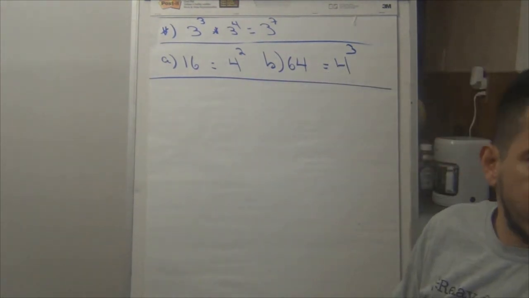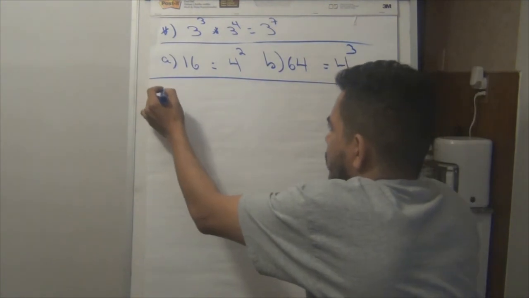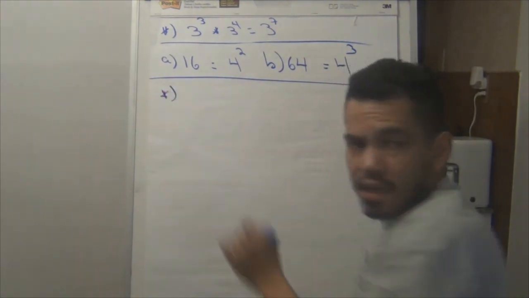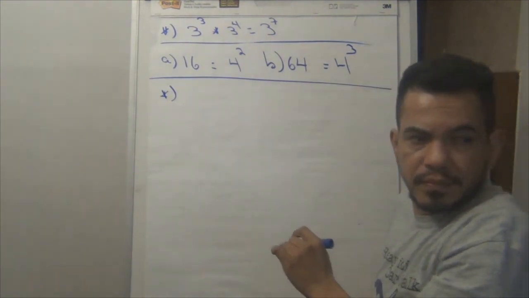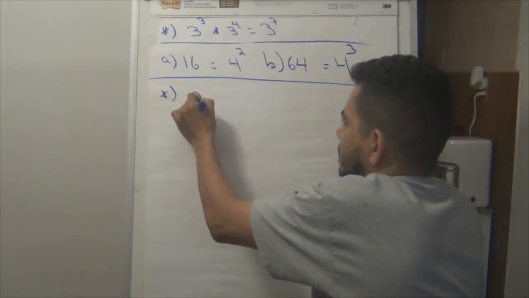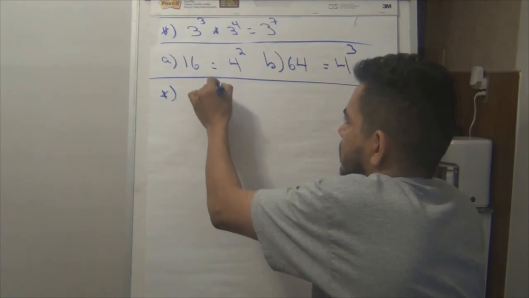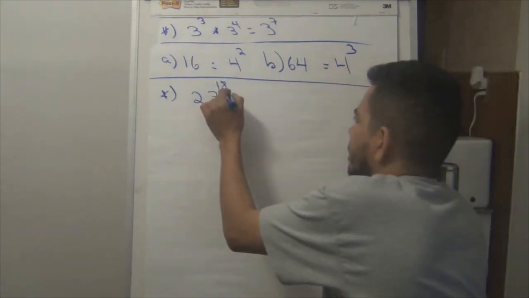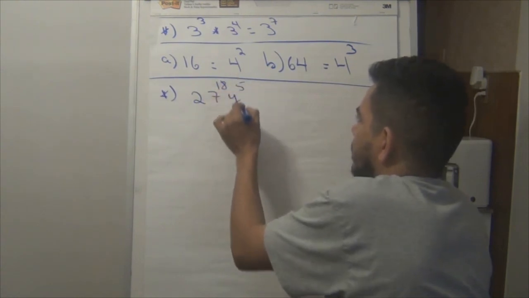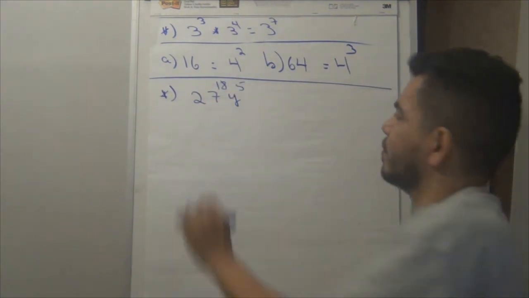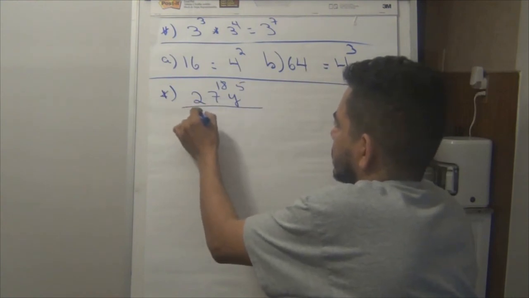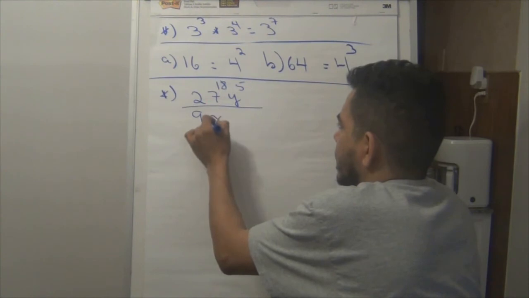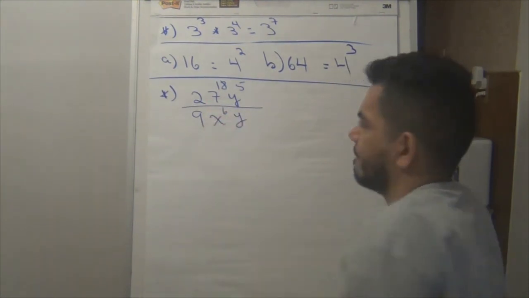Alright, 27x to the 18th. Okay, so we have this exercise right here that says 27x to the 18th power, y to the 5th, over 9x to the 6th, y.